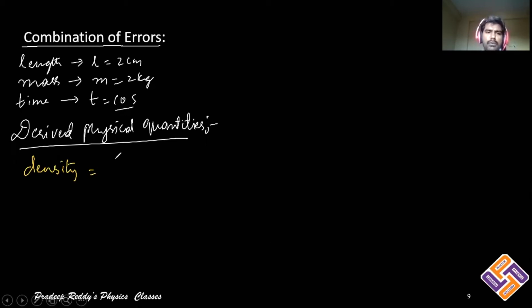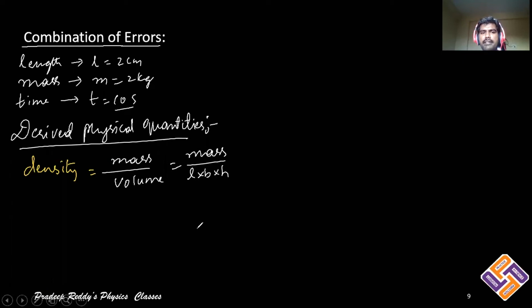Density is equal to mass divided by volume, and volume can be length into breadth into height. Density is a physical quantity which is derived from mass and volume. Volume is also a derived quantity, depending upon length, breadth and height.